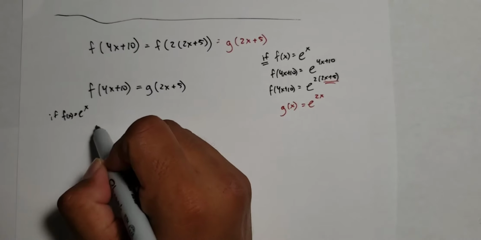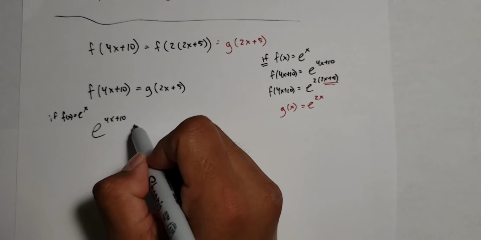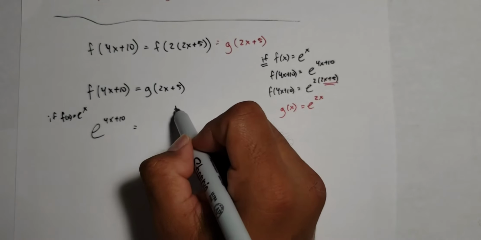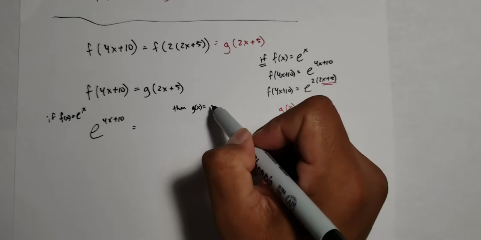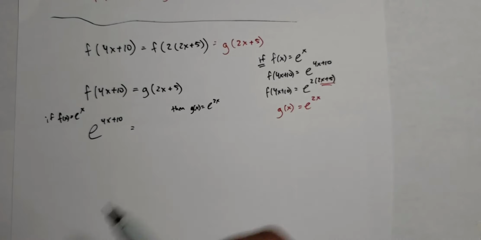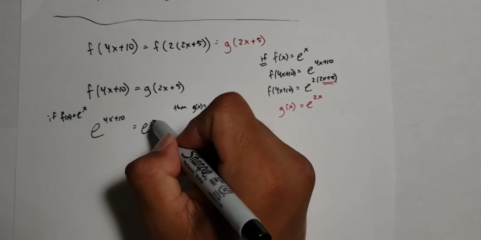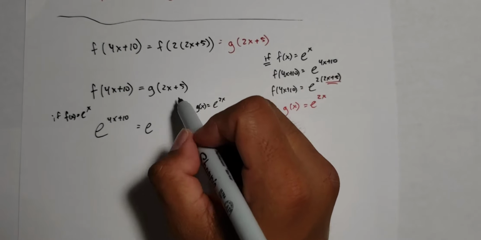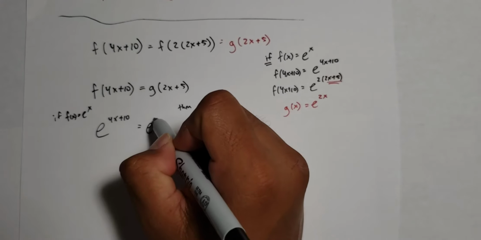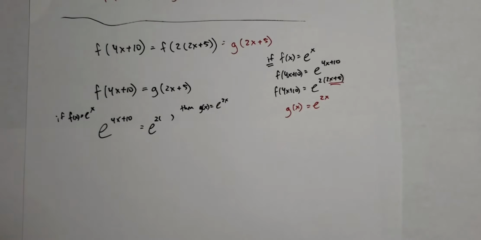We're going to get e to the 4x plus 10. And we said our function g is going to be e to the x. So let's try that out. If we want to evaluate it at 2x plus 5, we get e to the 2 times 2x plus 5.